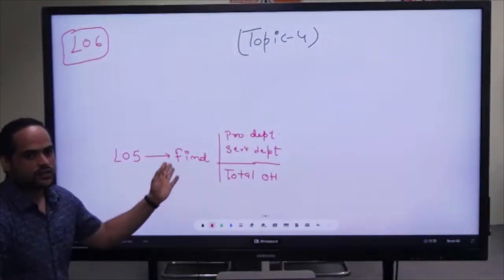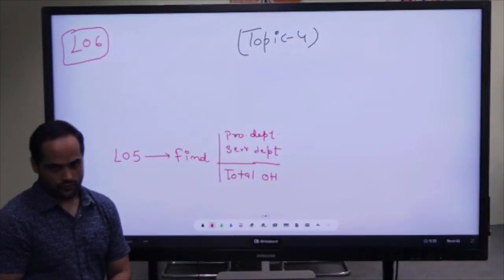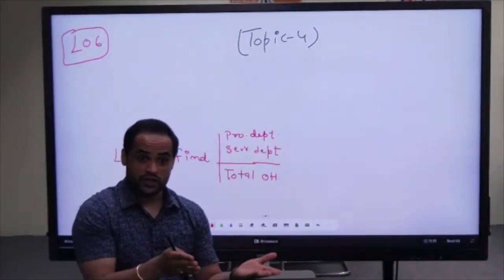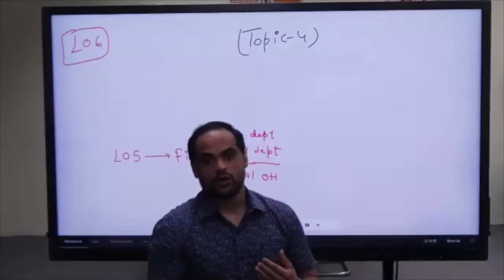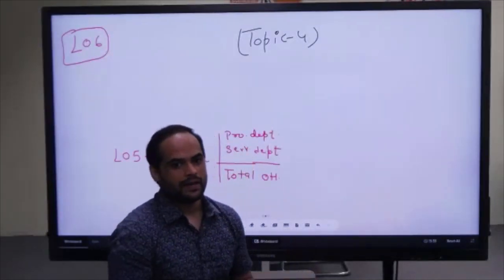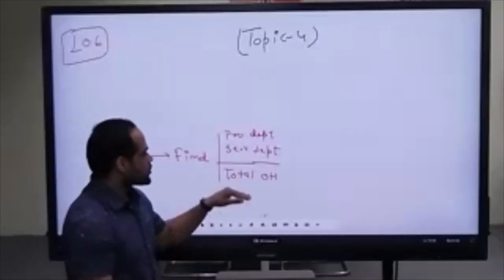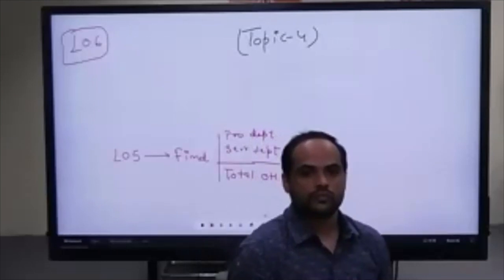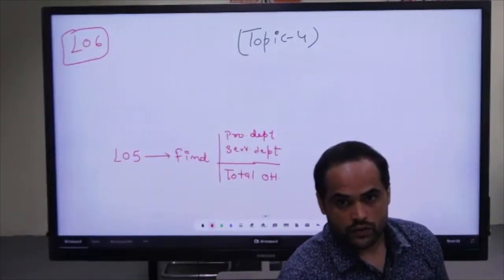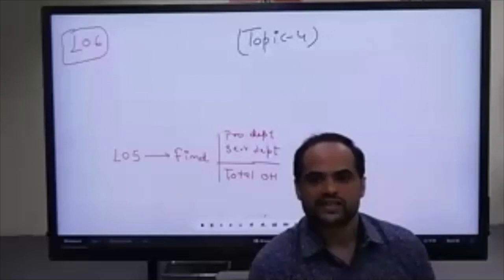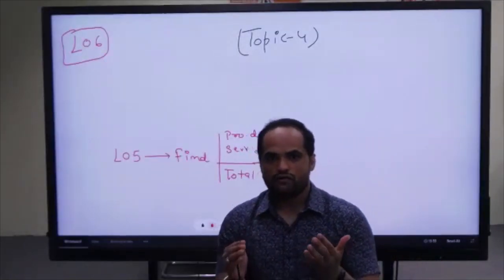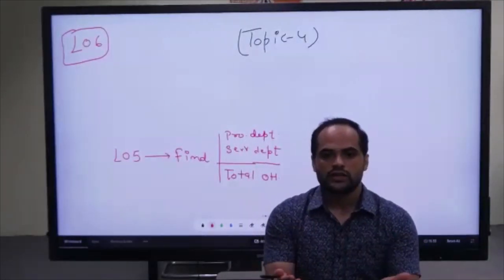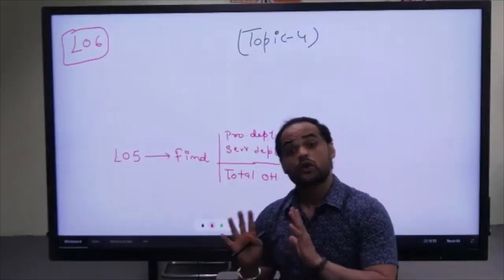Some cost belongs to the production department and some cost belongs to the service department. So finally, how much will be the total overhead? Total overhead means the indirect, non-manufacturing cost for a particular product. So this is learning outcome 5.